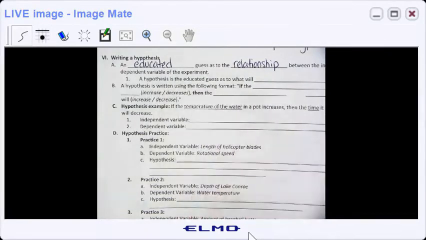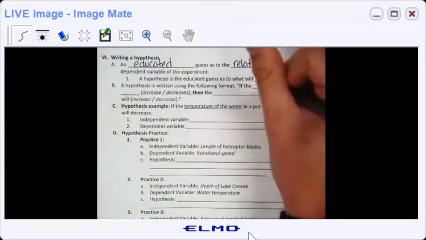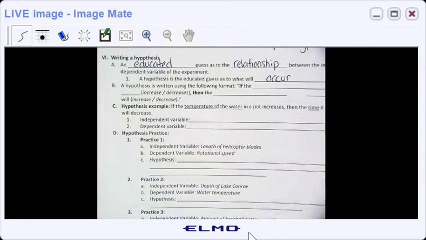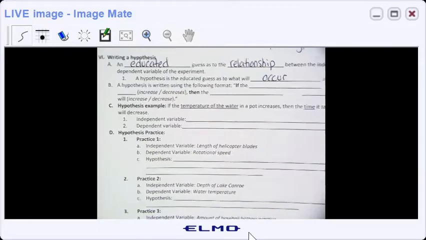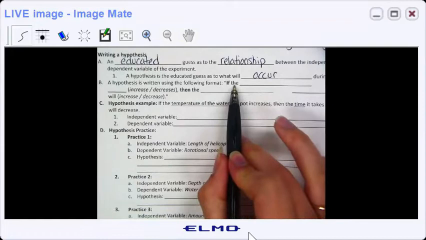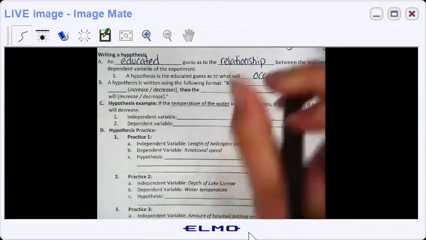So a hypothesis is an educated guess as to what will occur or happen during the experiment. A hypothesis is always written in this specific format if we are doing a formal hypothesis. So we always start with "if the," and then we have the independent variable.